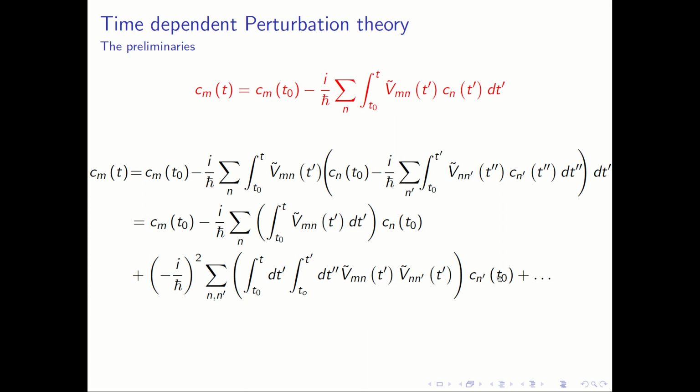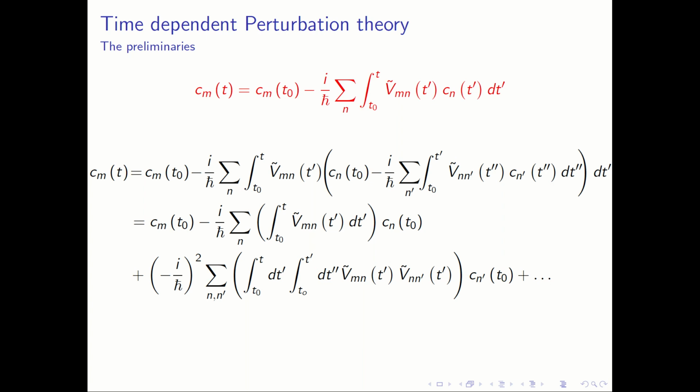Well, actually this is C_n' at time t'', but then in place of C_n'(t''), we can play the same trick. So that will be C_n'(t0) minus another term and so on. So if you only keep up to second order in Ṽ, that is two Ṽs, this will just be C_n'(t0), because the next term will have three Ṽs and so on.